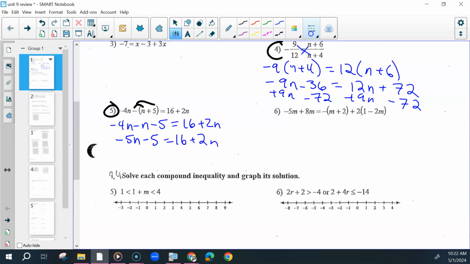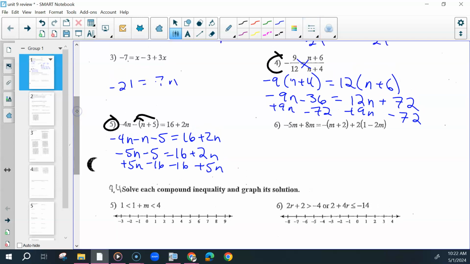And then pick what you want to move, the 5n or the 5n. And then we would subtract 16 at the same time. Divide both sides by 7. And it is negative 3.